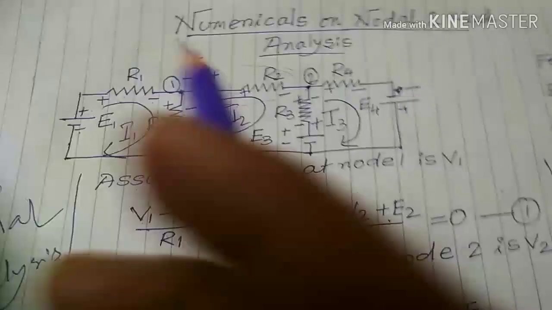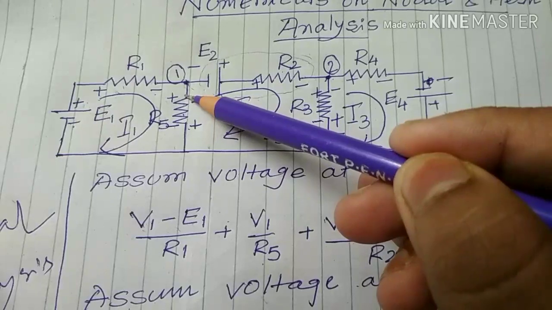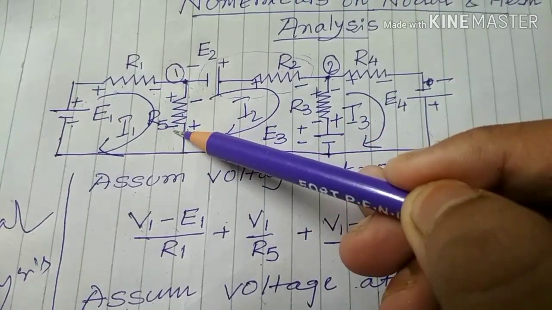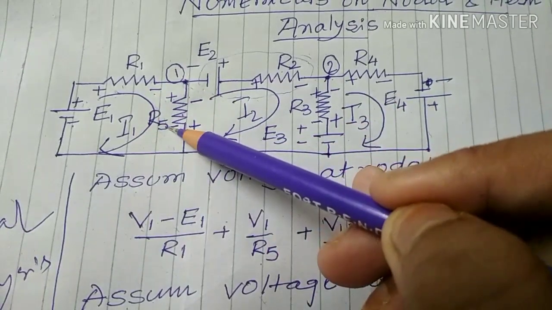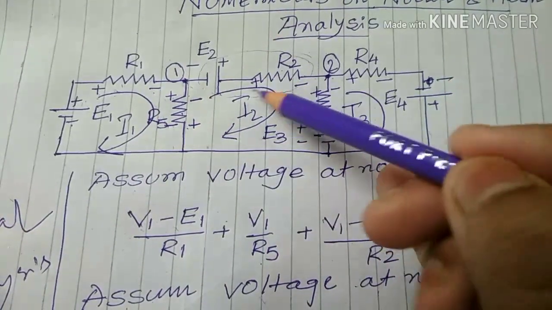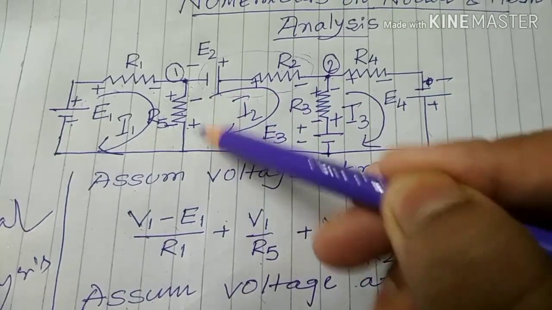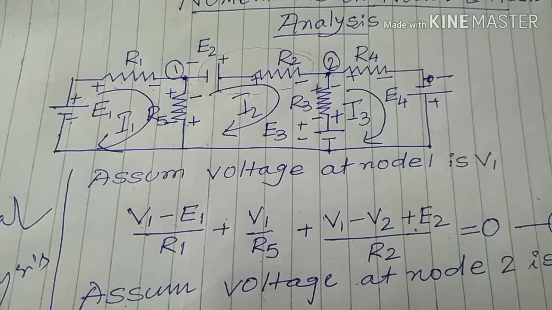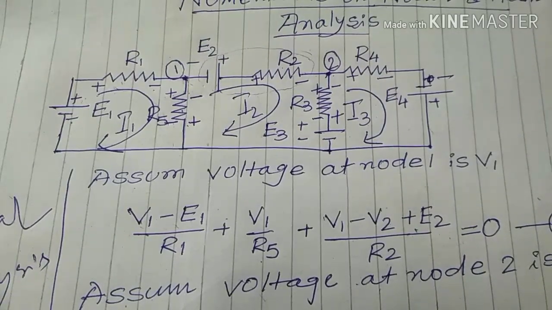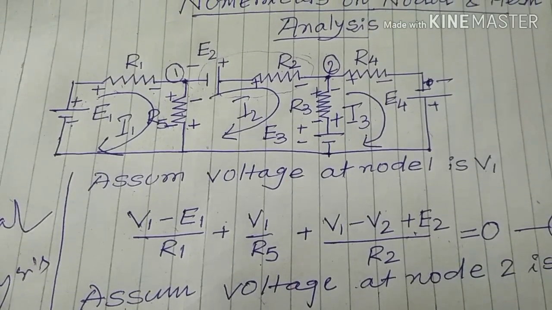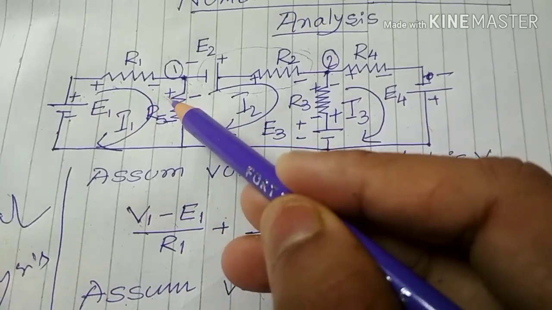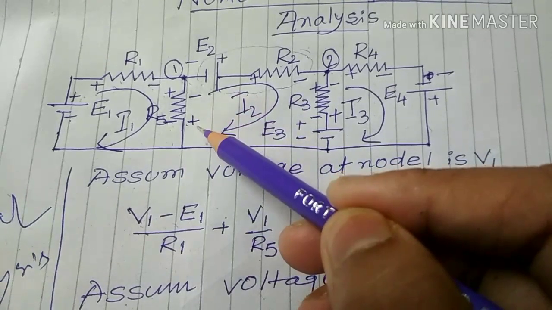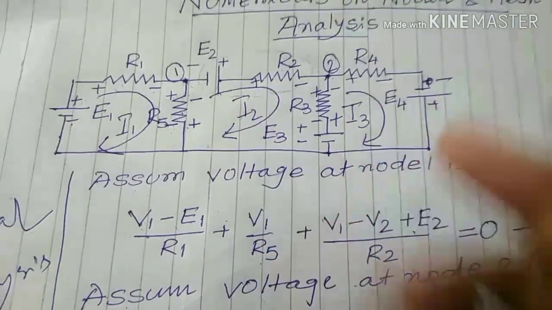Then the current through R5: this is plus to minus, I1 R5, but the I2 current also flows through R5. So this is the net voltage we need to calculate. So how? I1 R5 minus I2 R5.